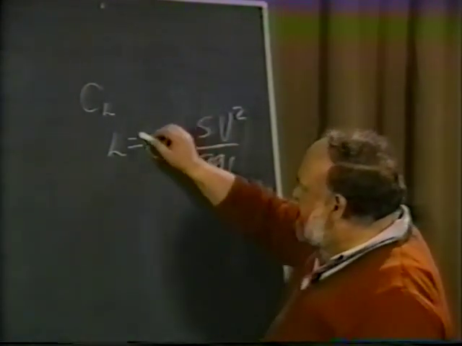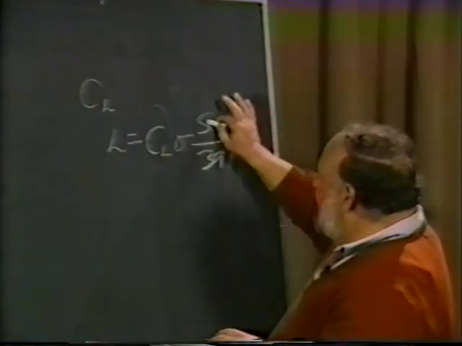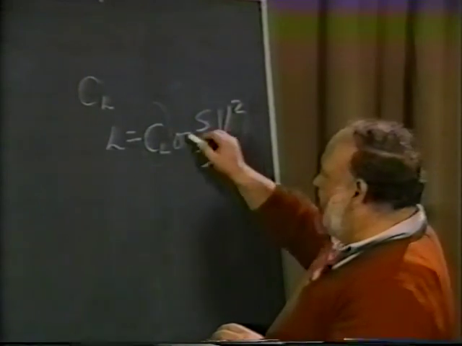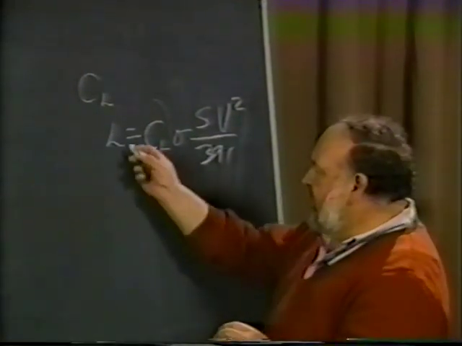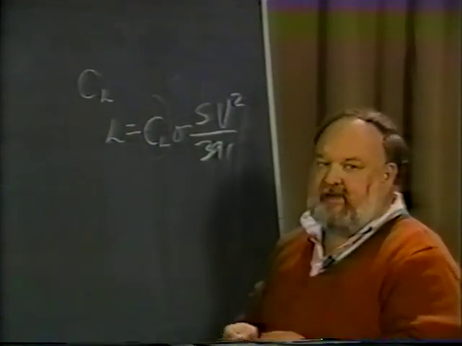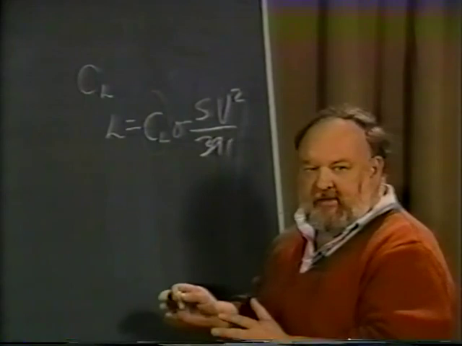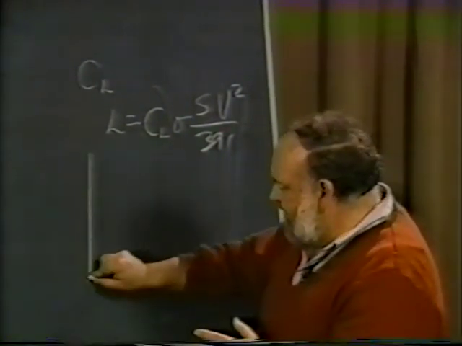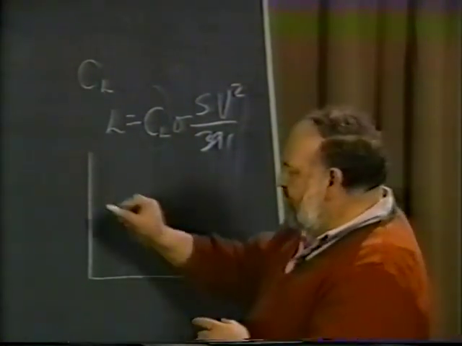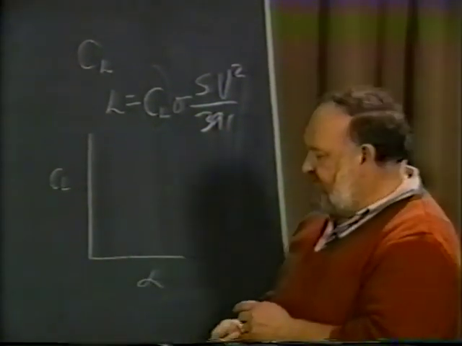But you can see that if all other things are equal, the area is the same, the speed's the same, the density ratio is the same, you will get more lift if the CL is higher. So obviously the thing you'd like to do is go to the highest CL you can get out of an airfoil section. A very good way that this is presented is in a CL versus alpha curve. This will be the CL, lift coefficient. This is the angle of attack of the airfoil.